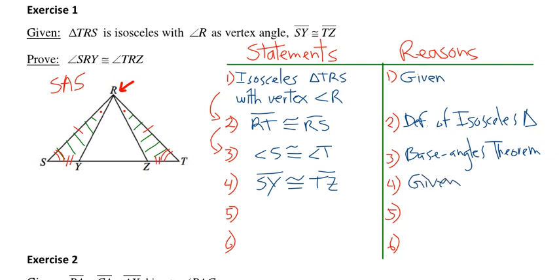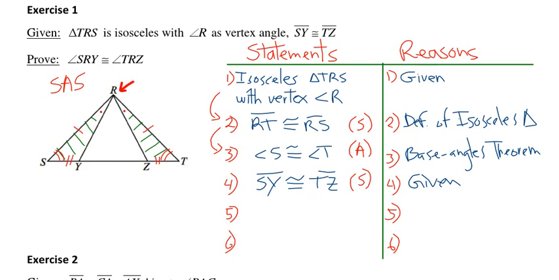And with this, we have side angle side. I have here one pair of congruent sides. I have here one pair of congruent angles. I have here another pair of congruent sides, specifically stated as such: two sides being congruent, two angles being congruent, two sides being congruent.